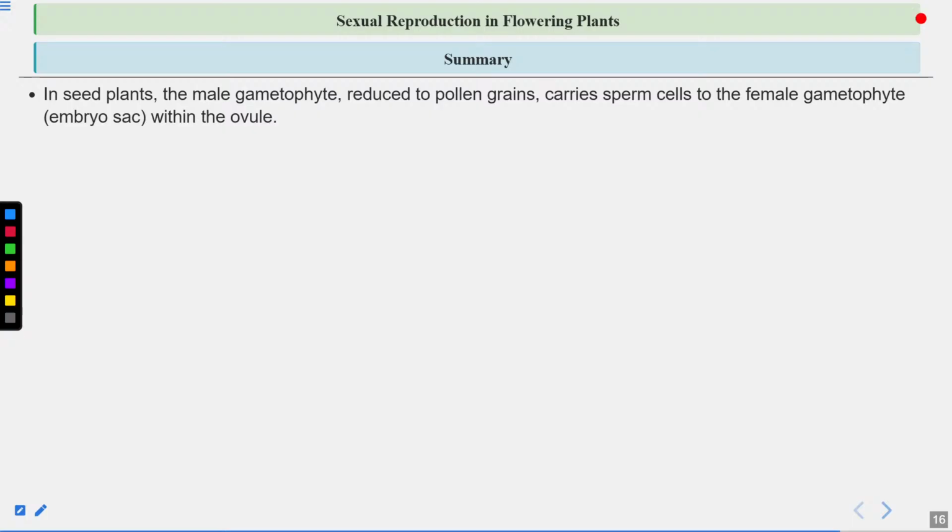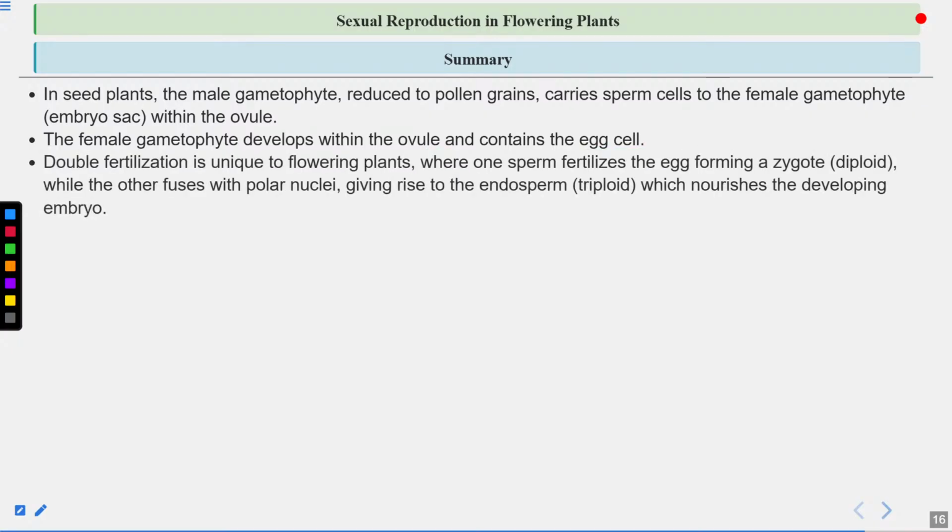Summary: in seed plants, the male gametophyte is reduced to the pollen grain that carries sperm cells, and the female gametophyte is the embryo sac within the ovule. We have discussed this. The female gametophyte develops within the ovule and contains the egg cell. Double fertilization is unique to the flowering plants, where one sperm fertilizes the egg, forming a diploid zygote. That is the syngamy.